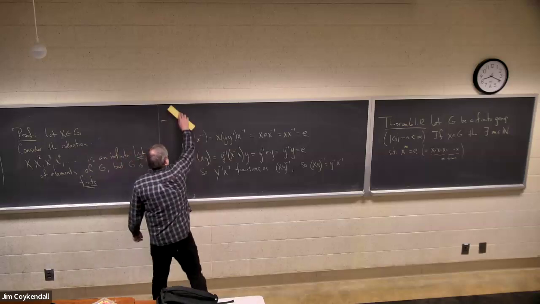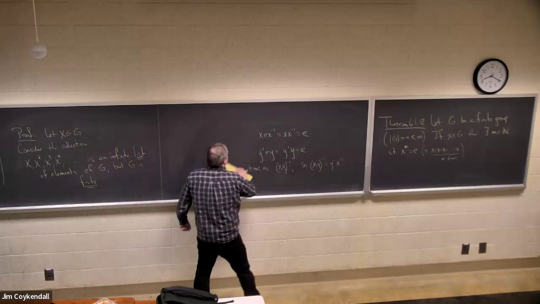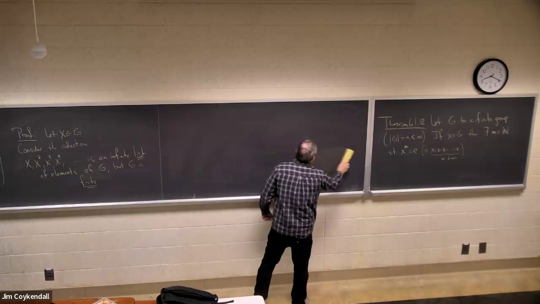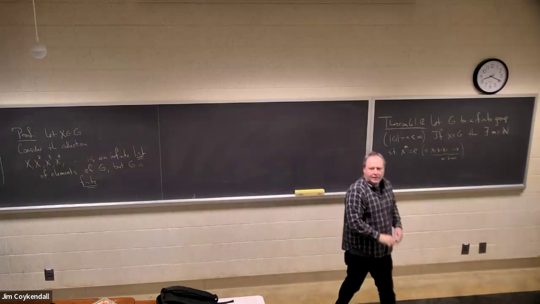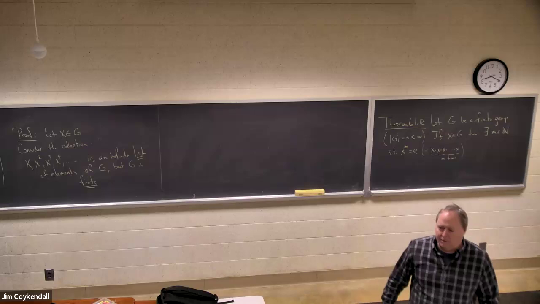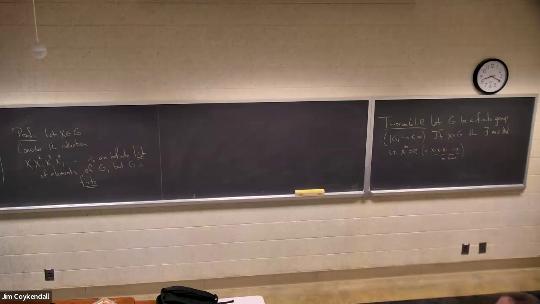And what does that mean? What conclusions can we make about the list if G is finite? Can everything on my list be different?